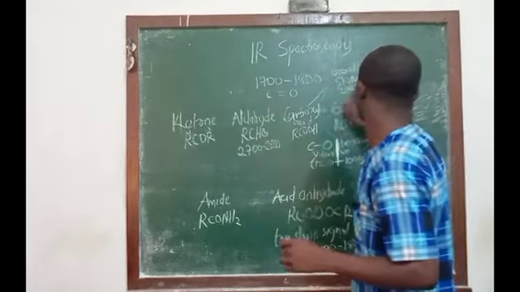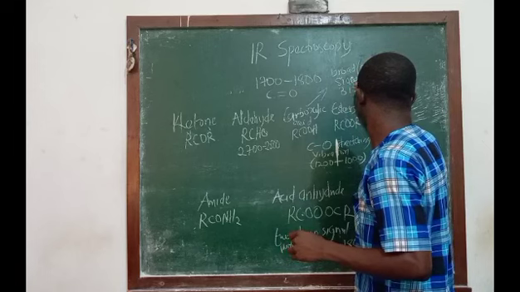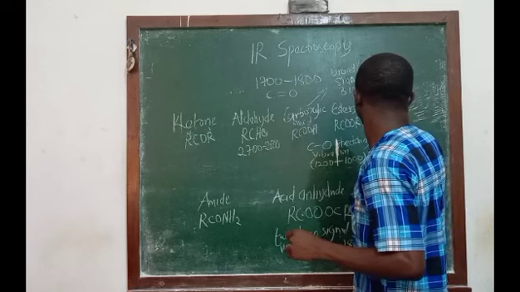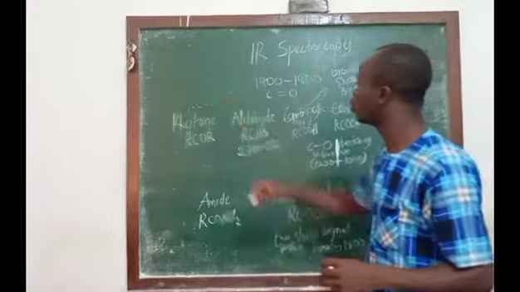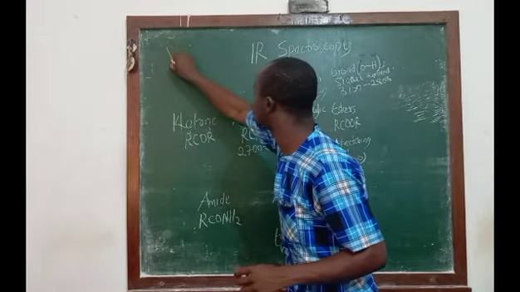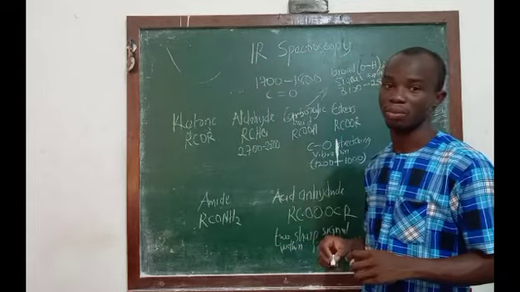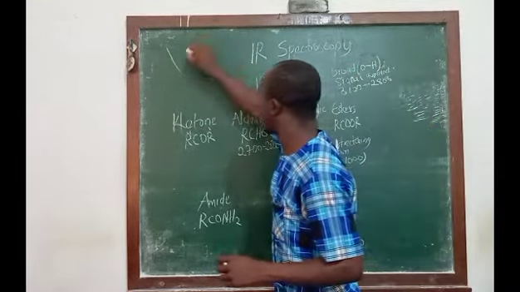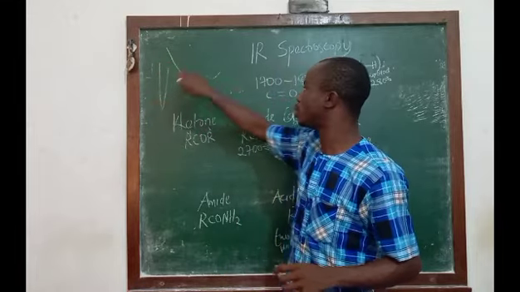Let me give the range: between 3100 and 2800. The signal will be very broad like this. That's what I mean by broad. If I'm saying sharp, I mean something like this. So you can see this one is sharp, this one is broad.